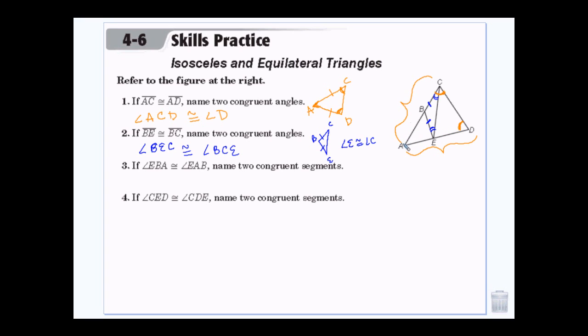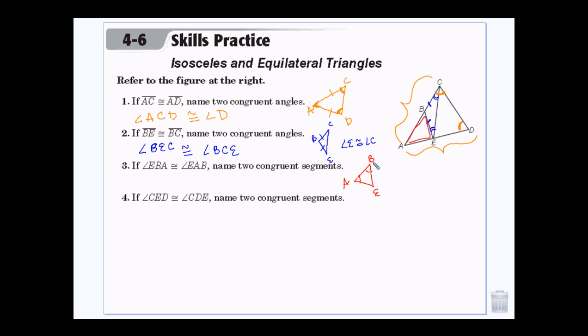Yeah, if you take it out and draw it, that's fine. Okay, if I have angle EBA is congruent to angle EAB, well, EBA is this angle, and EAB is this angle, so I'm talking about this triangle right here. And line EB would have to be congruent with line EA? Yeah. Wait, how?